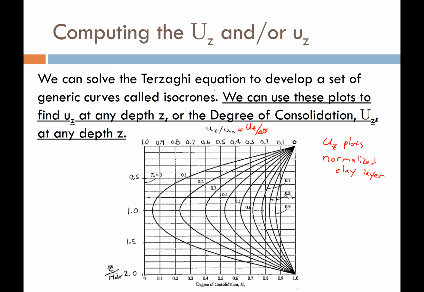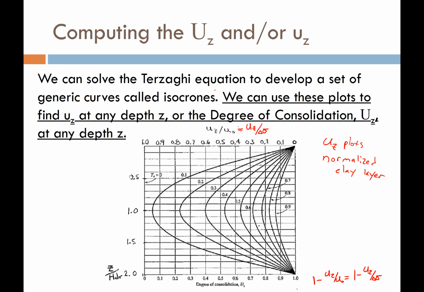So what is this saying? First of all, down on the bottom axis, we have degree of consolidation. So remember, again, that is 1 minus u, so 1 minus little u sub z divided by u naught, or 1 minus u sub z divided by our induced stress, delta sigma.